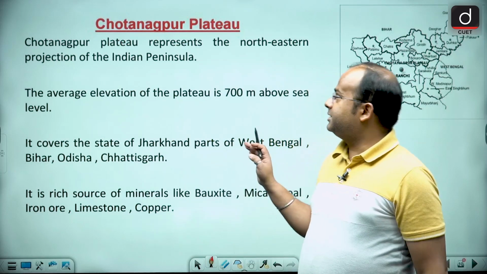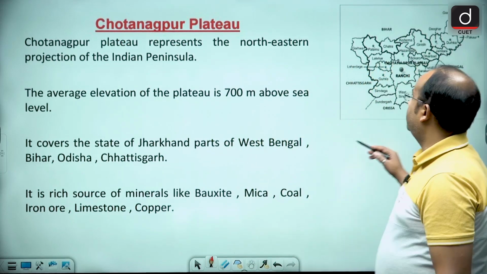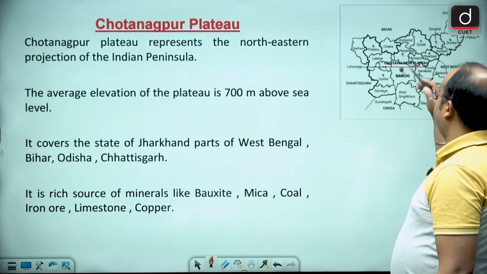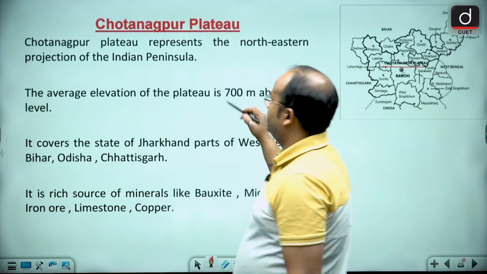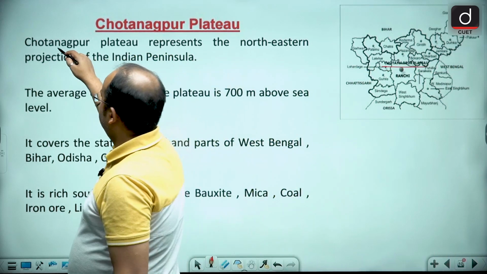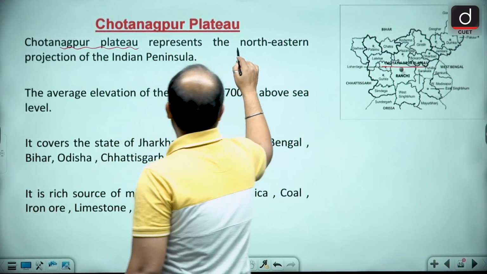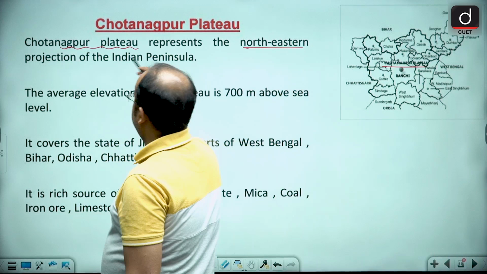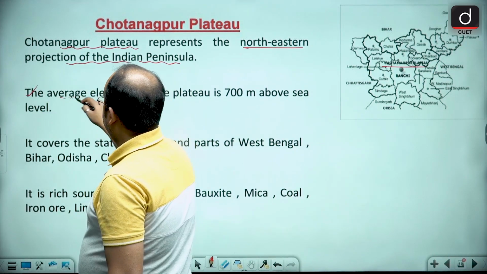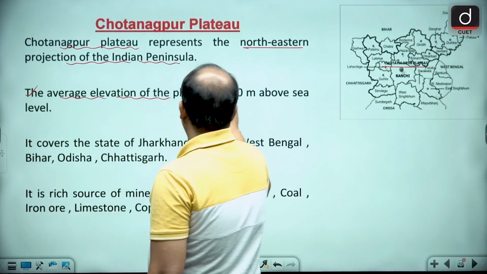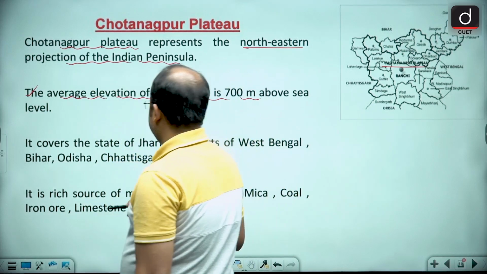Next we have, guys, the Chota Nagpur plateau. It represents the northeastern projection of the Indian peninsula, and the average elevation of this plateau is around 700 meters above the sea level.